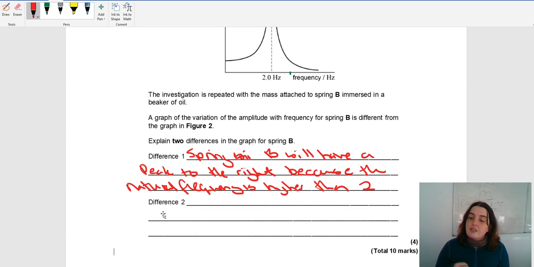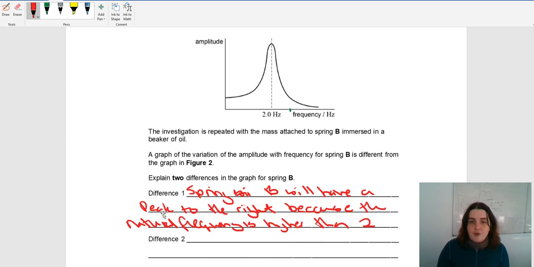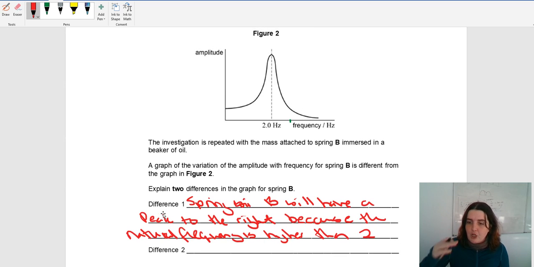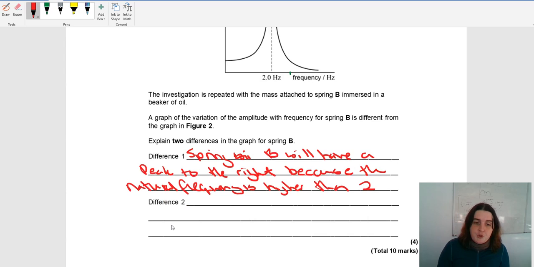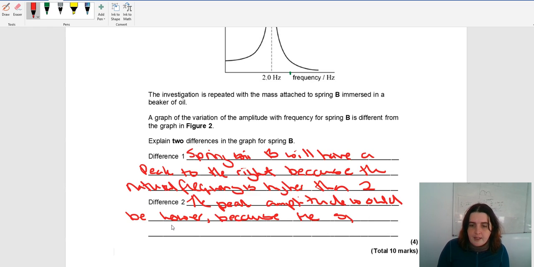The second difference, of course, is it's going through oil, so it has been damped. So what happens to these graphs when it has been damped? The amplitude would be lower. So the peak amplitude would be lower because the system, the spring, has been damped.